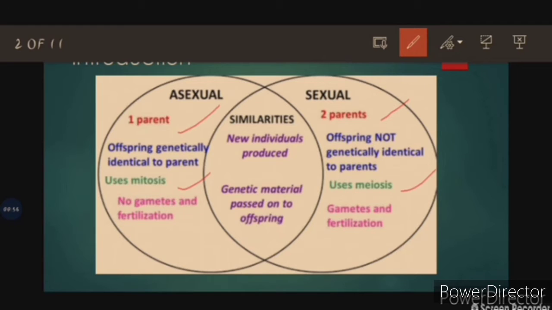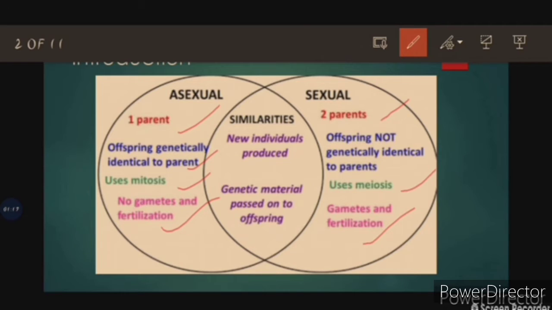During sexual reproduction, gamete formation takes place and fertilization of gametes also takes place. During asexual reproduction, there is no gamete formation and no fertilization. So whatever offspring are formed are genetically identical, an exact copy of their parent.